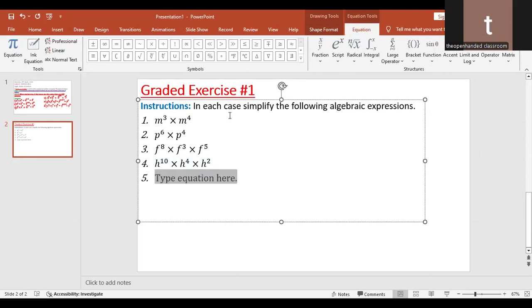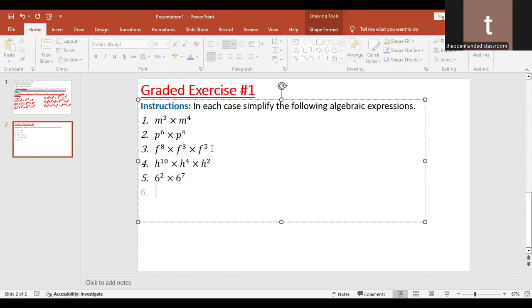Remember I said the same thing could apply for numbers. So let's do the numbers one. Let's say we have 6 to the power of 2 multiplied by 6 to the power of 7.